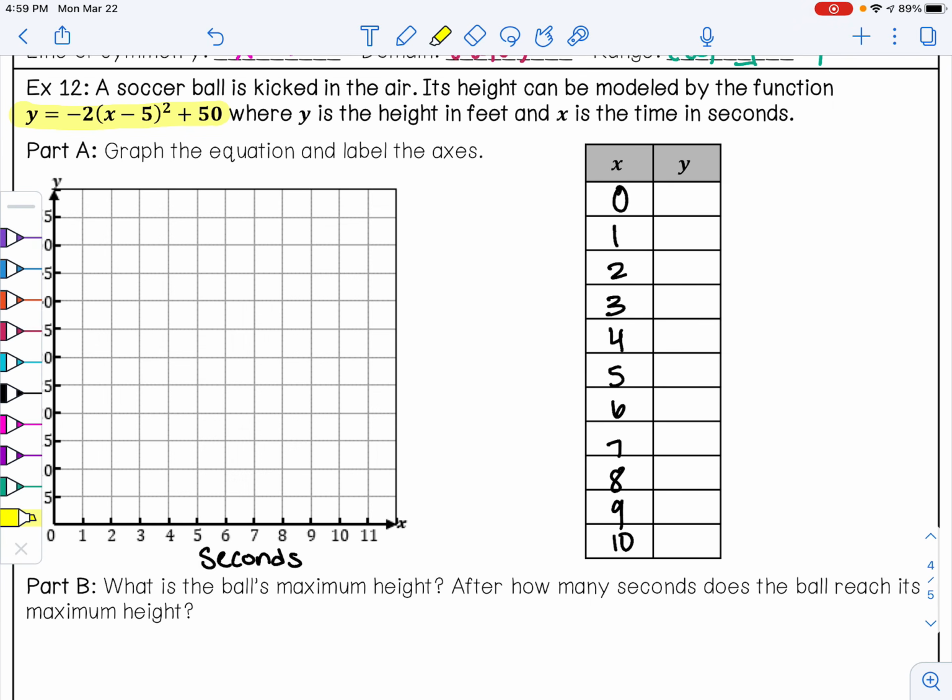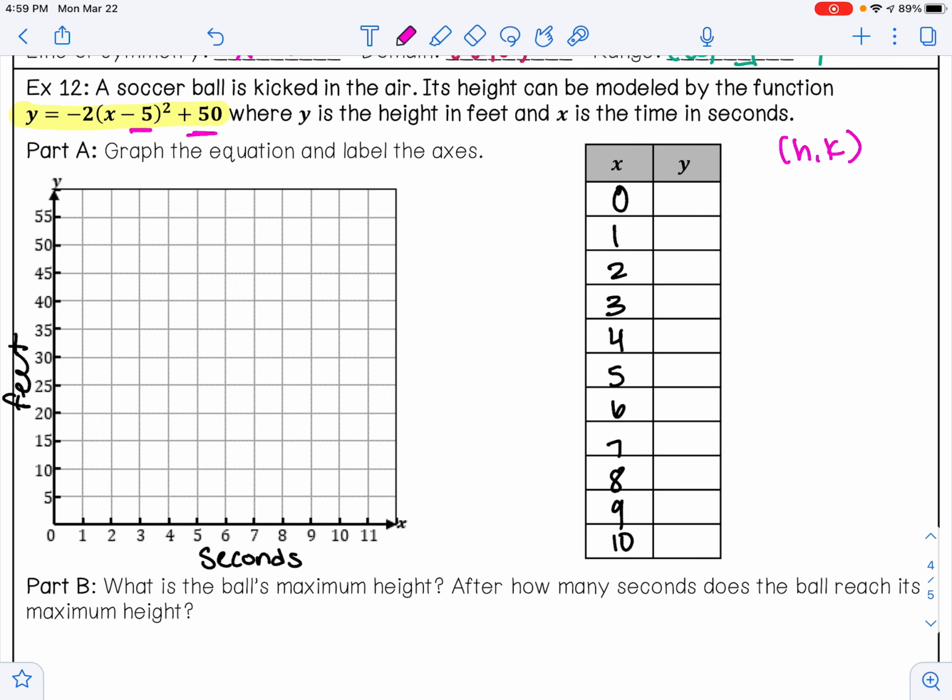And because it is in vertex form, I can figure out the vertex. The vertex is going to be of the form (h, k). So my vertex is going to be (5, 50). Change the sign of h, keep the sign of k.